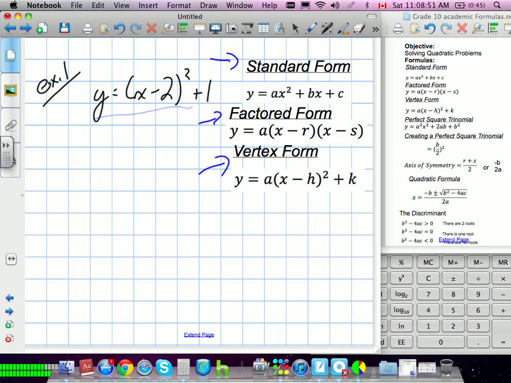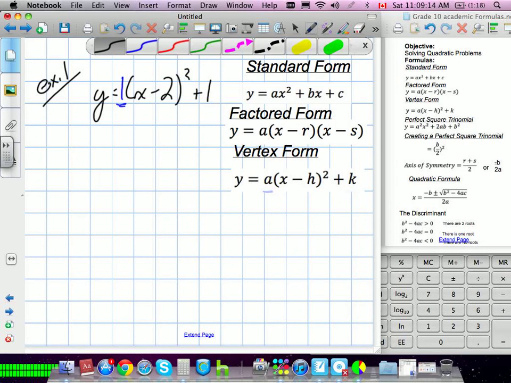We have our brackets with a squared. We have our k value, which would be 1, and technically there's no number here, so what would our a value be? 1. Yeah, that's right, there's a 1 there for our a value. So I can actually take this, right, and I know that this would be my a, this here is my h, and this is my k value. So we know we're in vertex form.